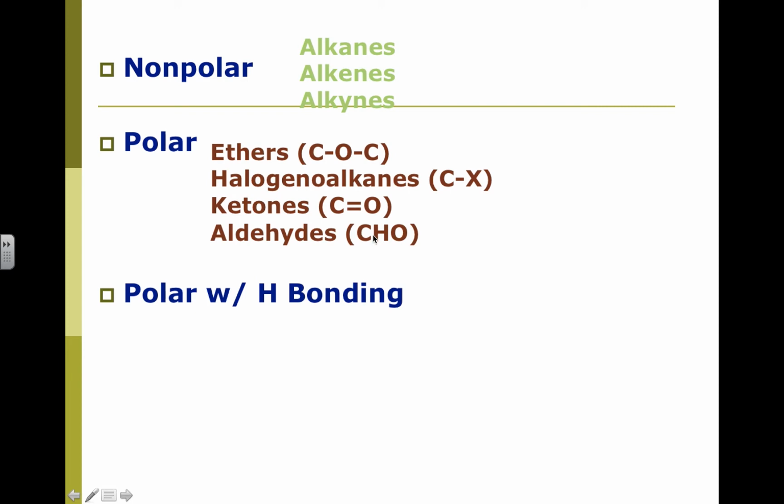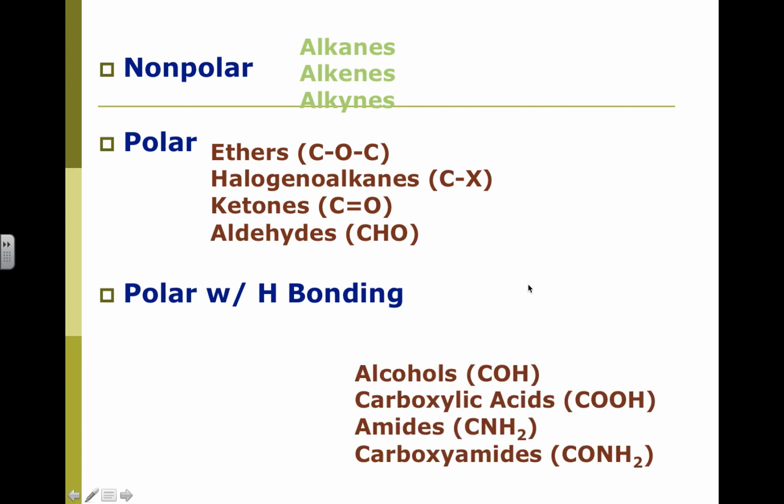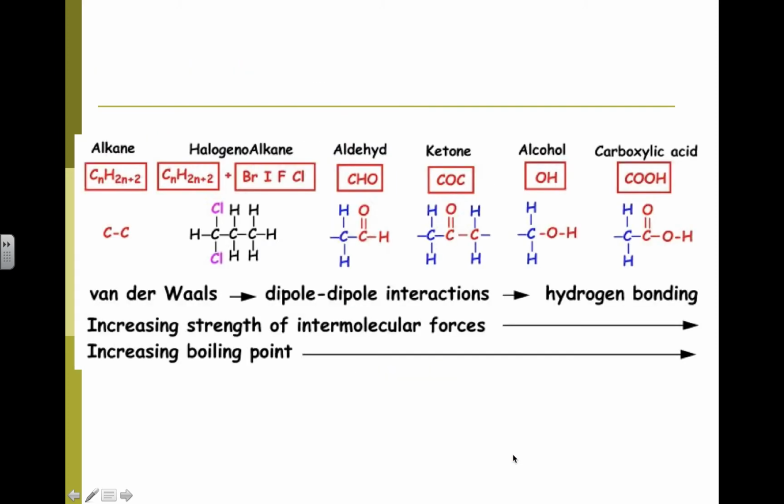So notice that yes, there's hydrogen and oxygen in an aldehyde, but the hydrogen is not bonded to the oxygen, so it's just polar. But your alcohols, carboxylic acids, amines, and amides are all going to form hydrogen bonding. So they're going to have the strongest intermolecular forces, and we're going to see different trends with them.